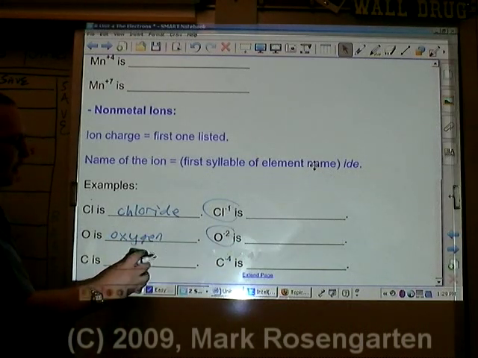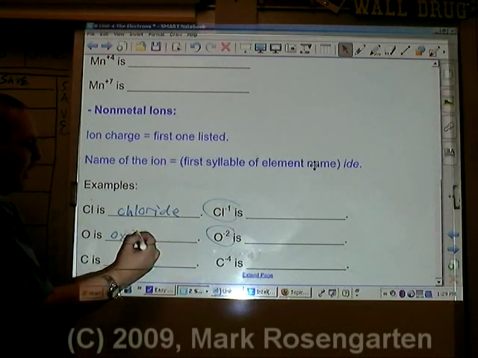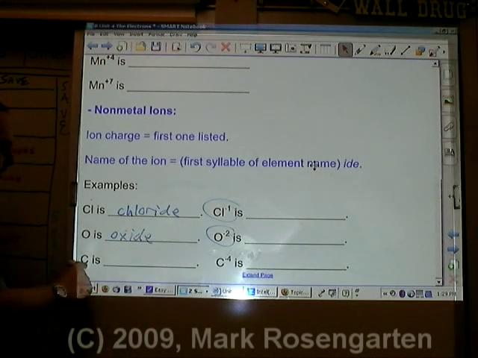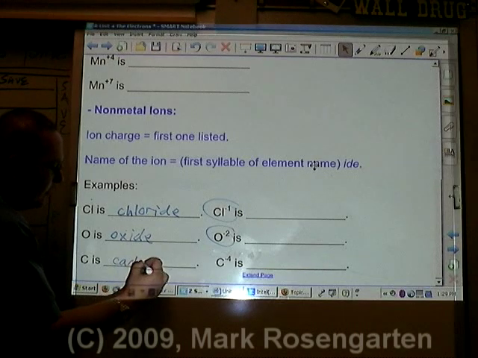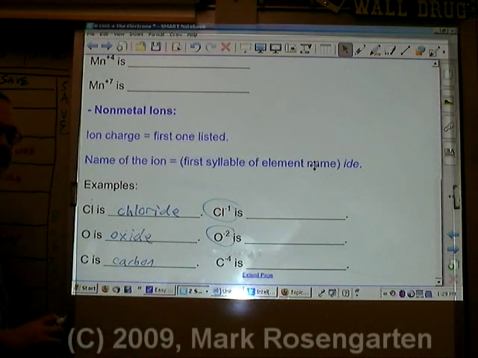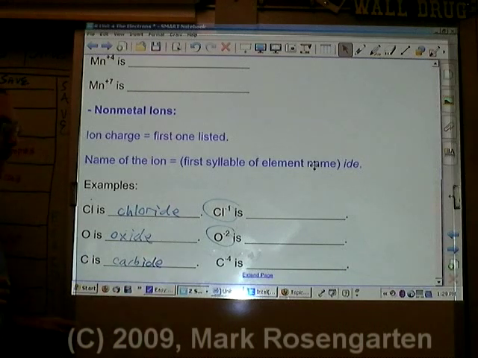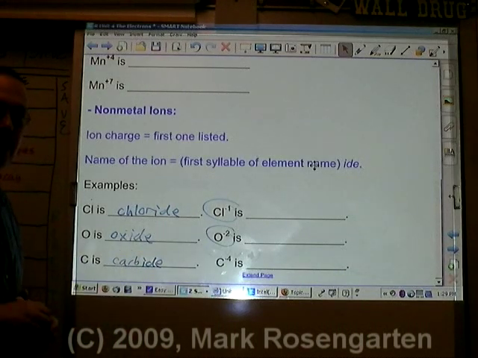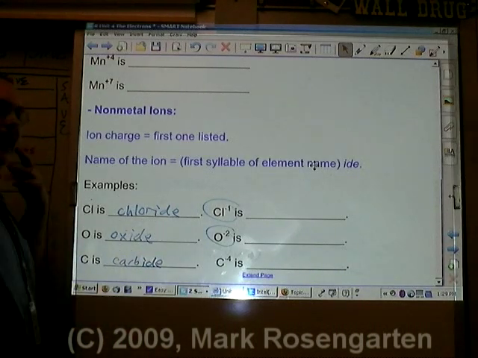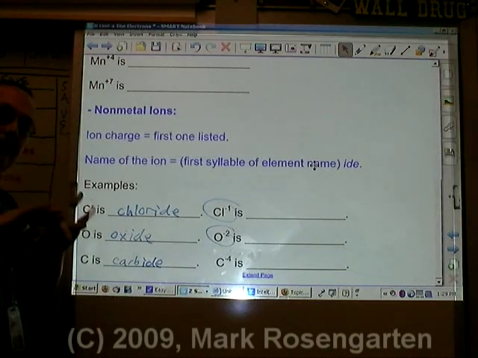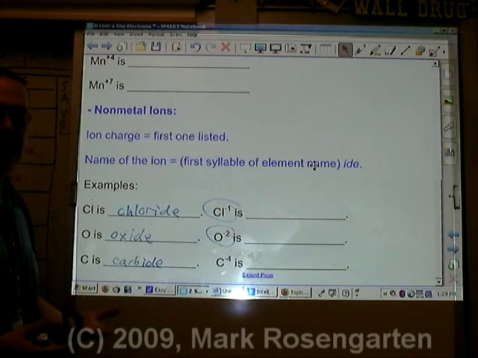O-2 is the first syllable ox followed by ide. C is carbon. Take the first syllable, carb, ide, if you have C-4. So for nonmetals, you take the name, take the first syllable, followed by ide.